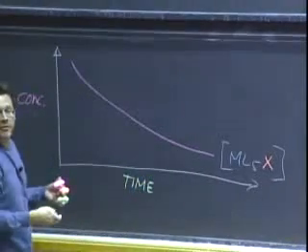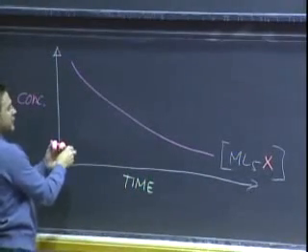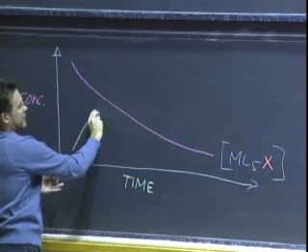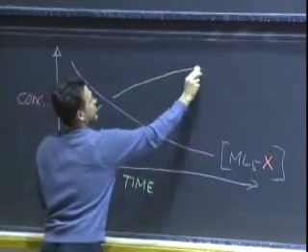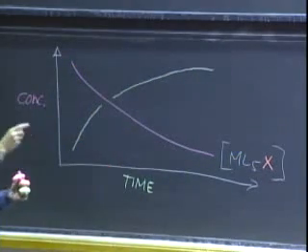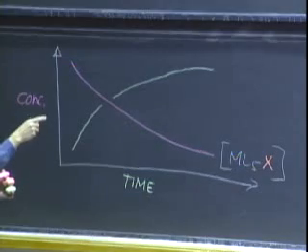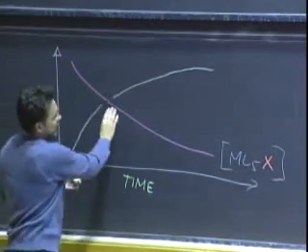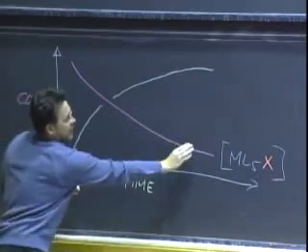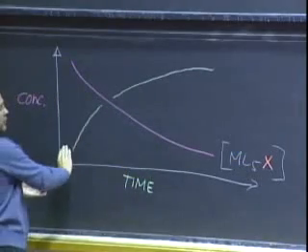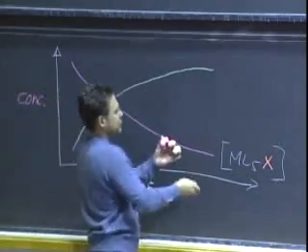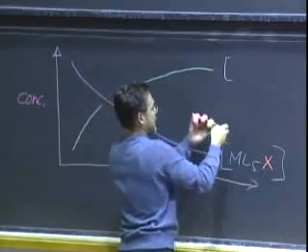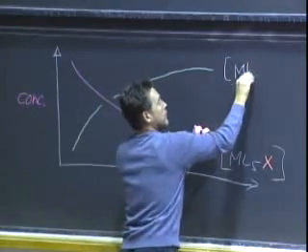You seek an expression for that. There are different methods to carry out the integration required for more complicated rate laws than did appear there for the pseudo first order mechanism. But simultaneously, as ML5X decays, the concentration of ML5Y would be increasing.